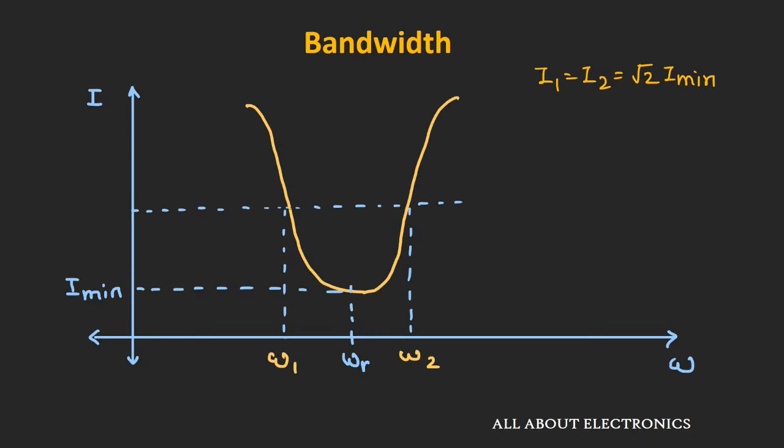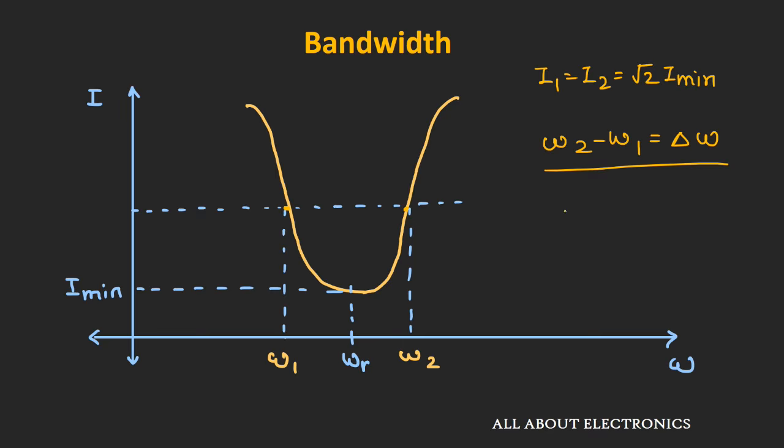The difference between these 2 frequencies is known as the bandwidth of this parallel RLC circuit.